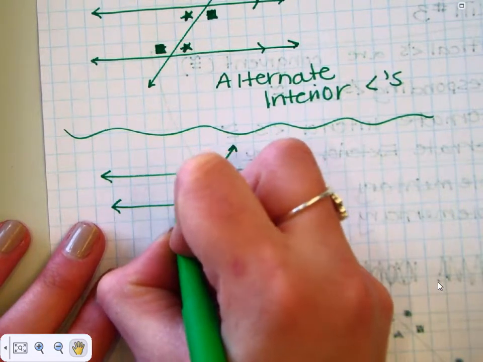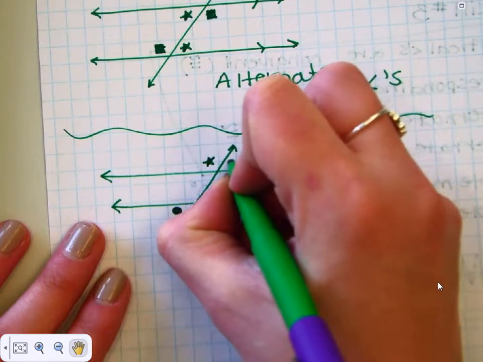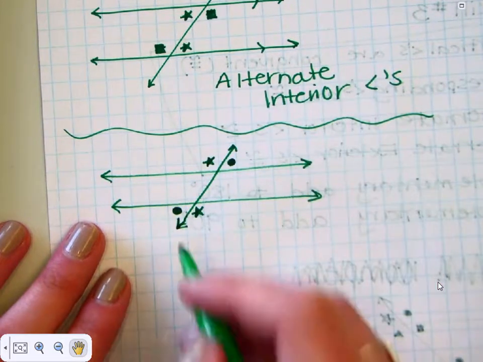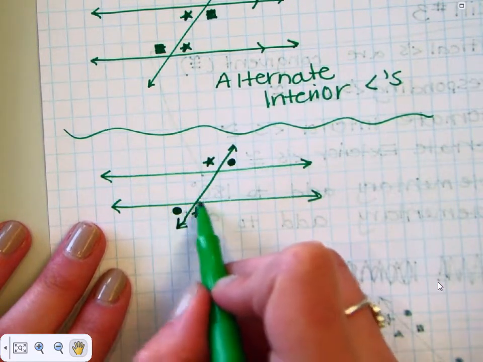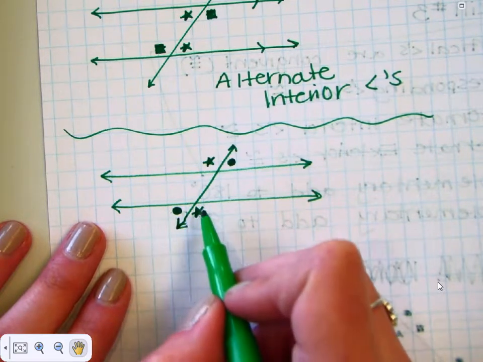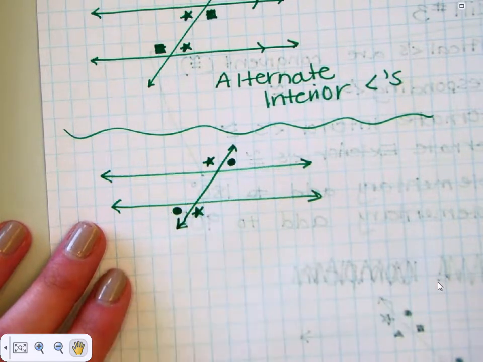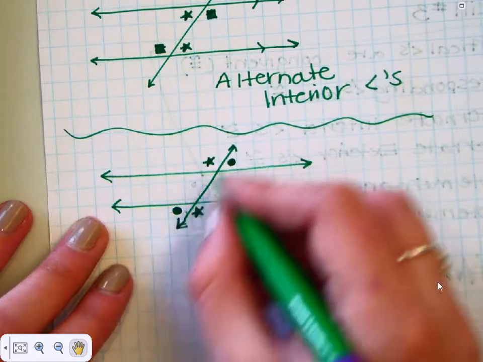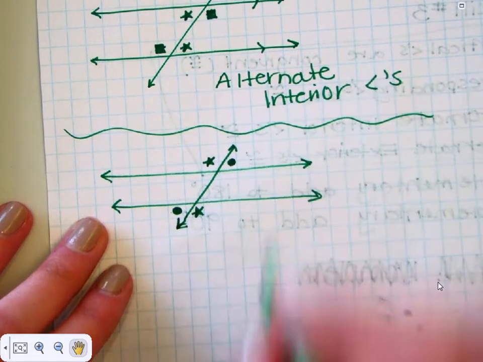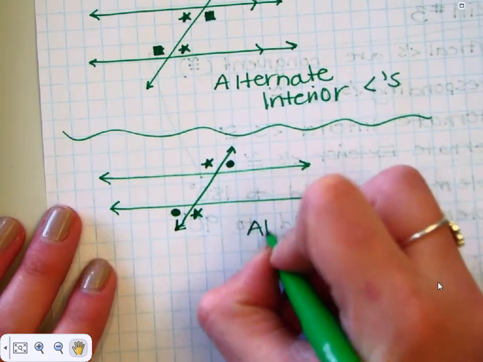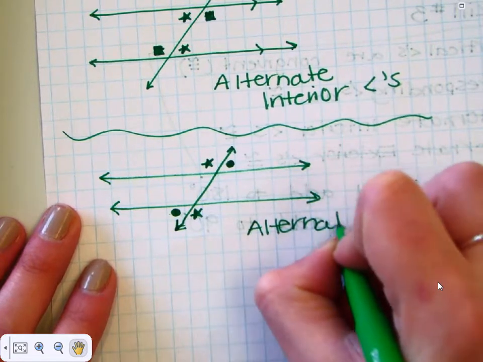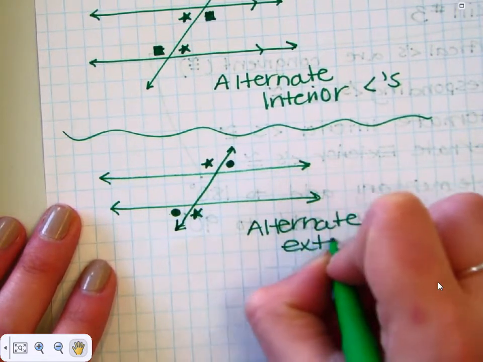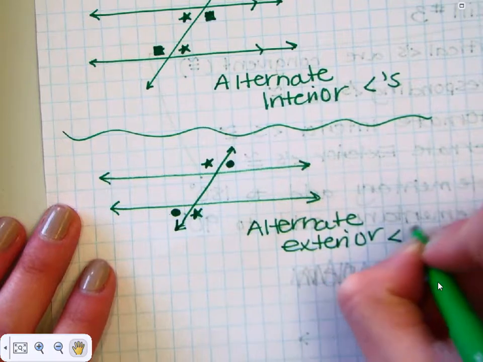The only other ones are the circles, because these aren't congruent to each other. These are actually supplementary, which we'll get to next. But the circle is congruent to the circle because they're alternate, opposite the transversal and outside the parallel lines. So this is alternate exterior angles.